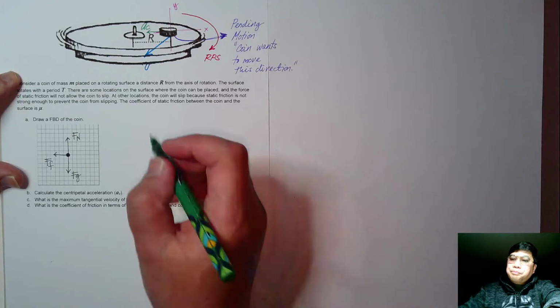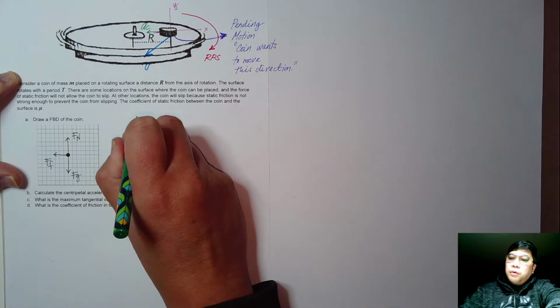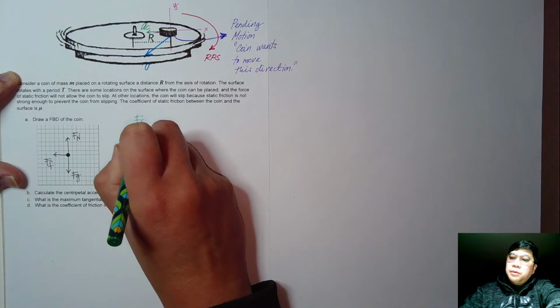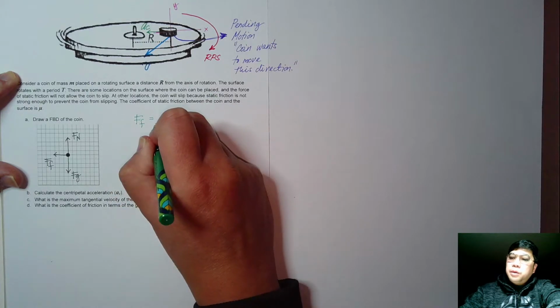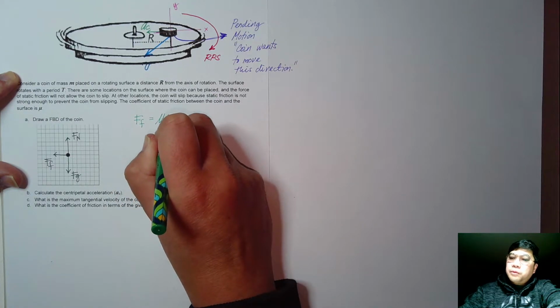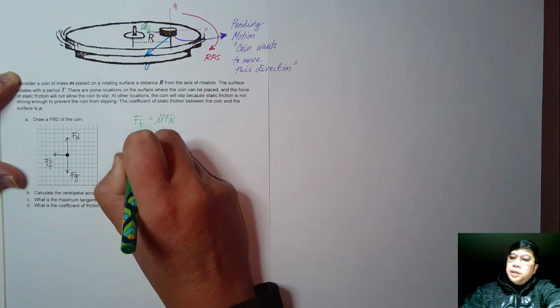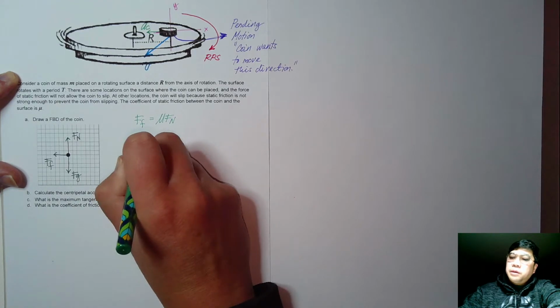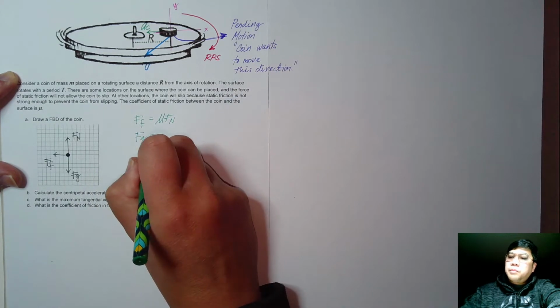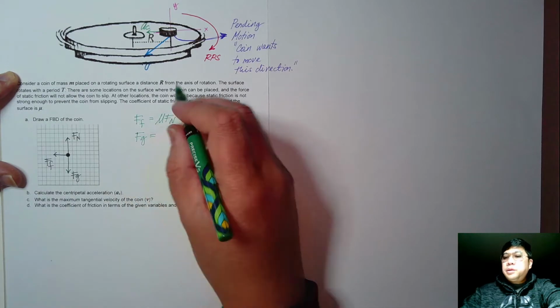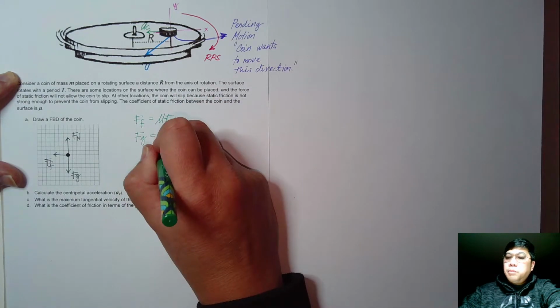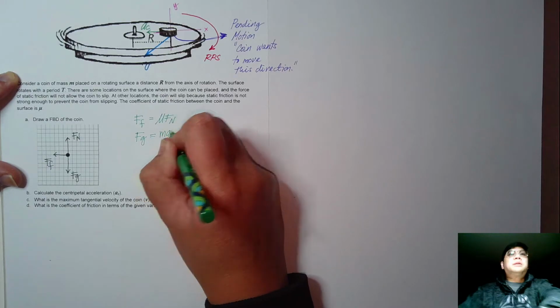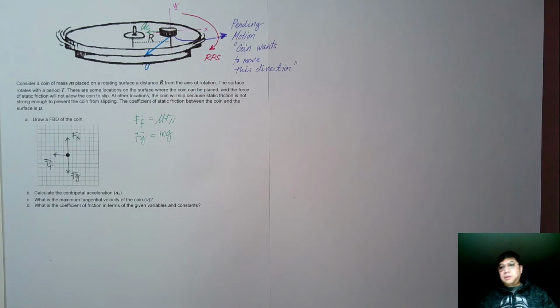First one is that force of friction is mu multiplied by the normal force. And then our force of gravity is mass multiplied by g. It's either gravitational field strength or acceleration due to gravity.